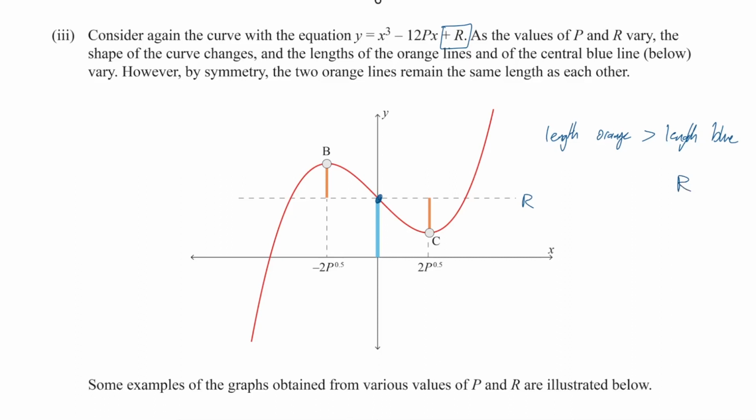So we know the length of the blue line is just this height, which is the y-intercept, which is when x equals 0, which in this case is r. Now the length of the orange line is this height, take away r. Right, so the y value of b, which will give us this height, taking away this smaller height r.